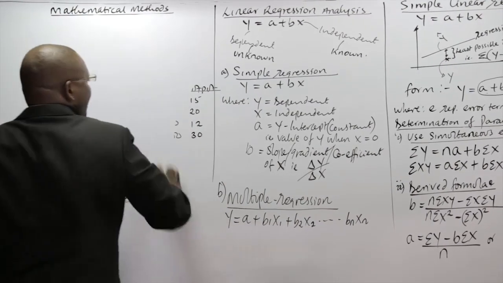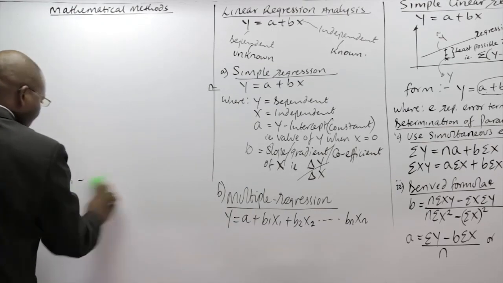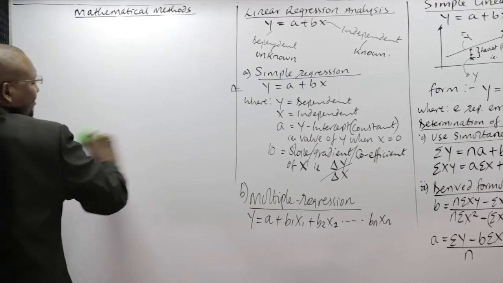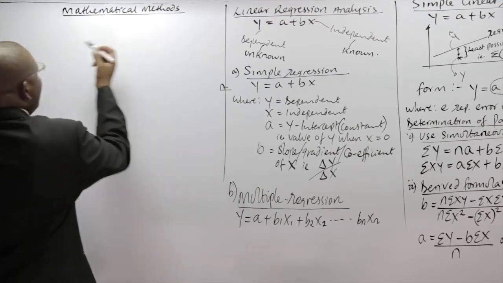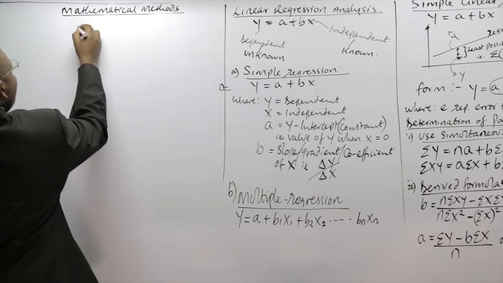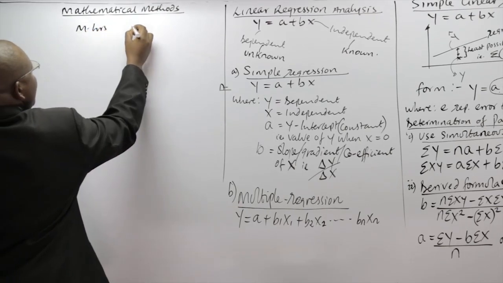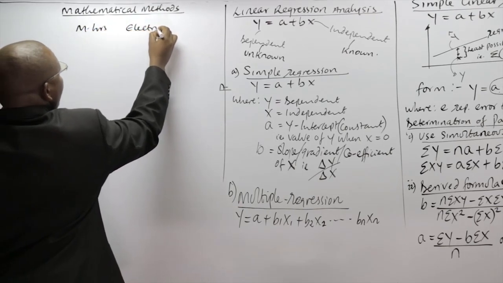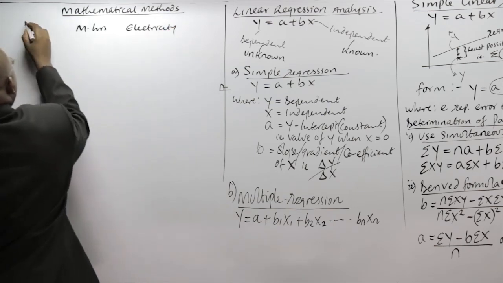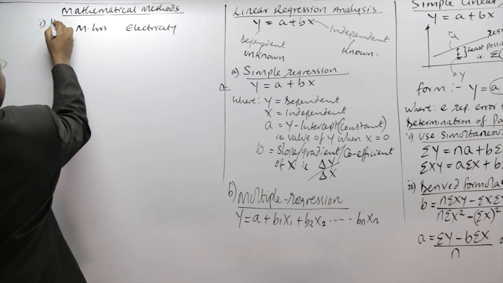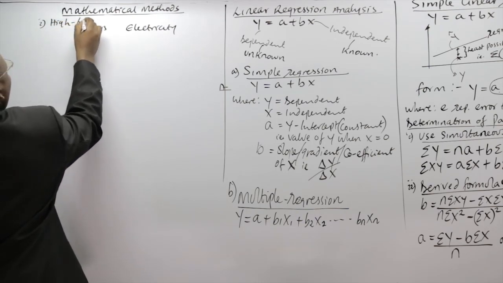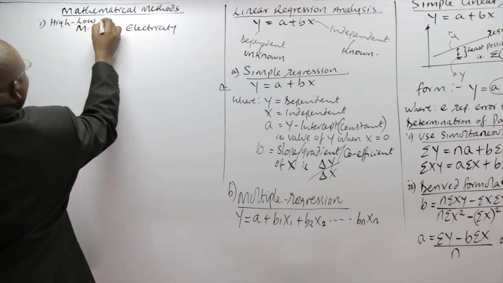We'll have it the way we did previously in lesson 1, where we took a summary, this being machine hours and this being electricity. So we want to use Roman 1, which is the high-low method.